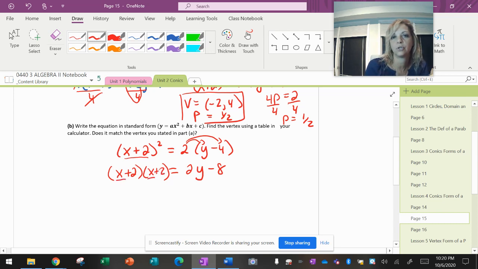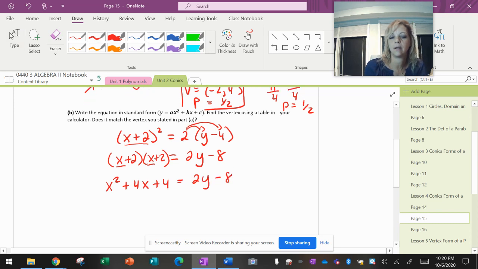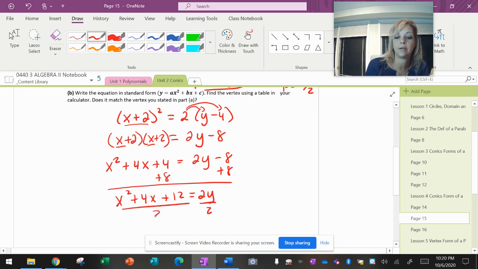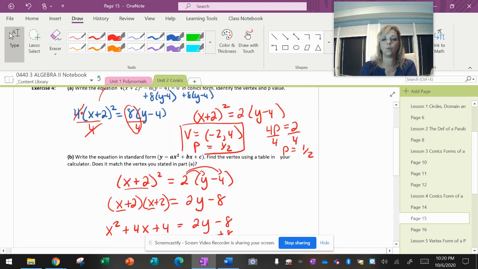So double distribution, area model: x times x is x squared, x times 2 is 2x, I got another 2x, that's going to be 4x plus 4 equals 2y minus 8. Almost there. Add the 8. I got x squared plus 4x plus 12 equals 2y.